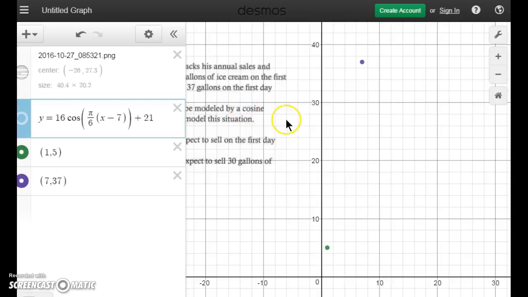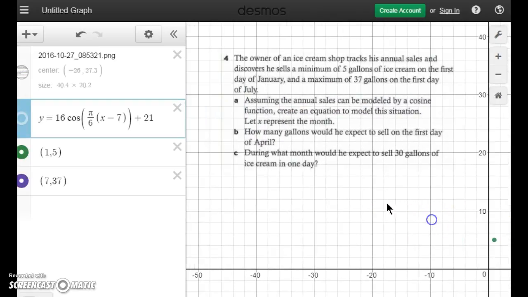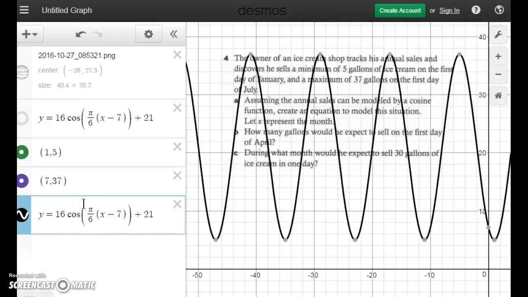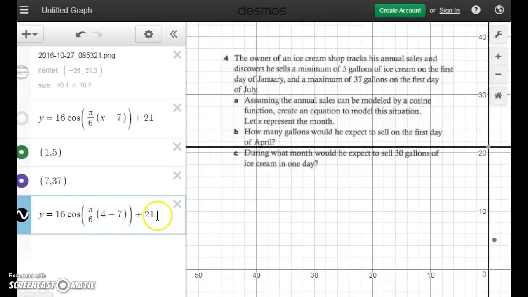For part B, they want us to find how many gallons will be expected to sell on the first day of April. So that's when my X is equal to 4, right? April means X equals 4. So I'm going to put that in my calculator and replace X with 4. And I should get a value.